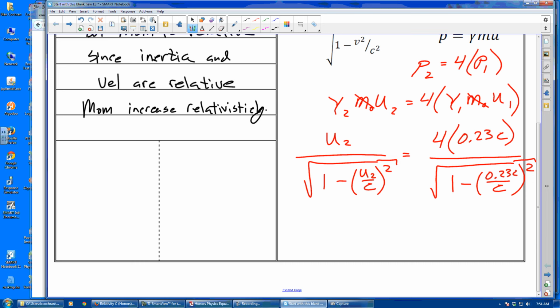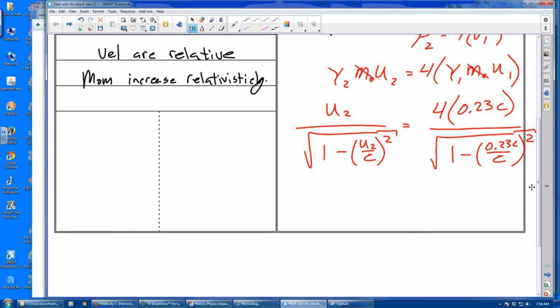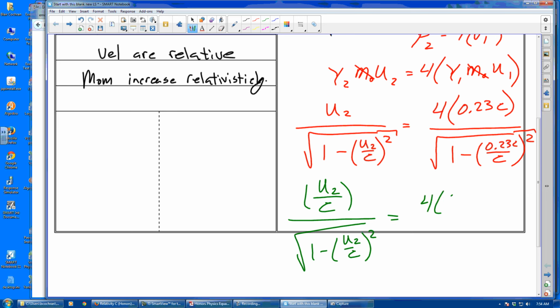So my mathematical step will be to solve for U2 over C. If I divide both sides by C, I get U2 over C divided by the square root of 1 minus U2 over C squared equals 4 times 0.23, because the C's cancel out, over the square root of 1 minus 0.23 squared.